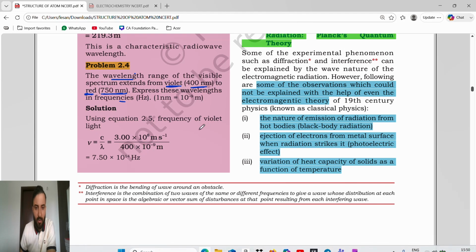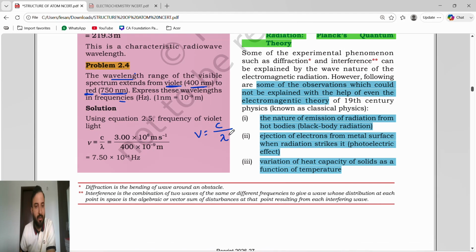Frequency is speed of light by wavelength. Finished. They have given that 1 nanometer is 10 to power of minus 9 meter. C value remains the same, 3 into 10 to power 8 meter per second.